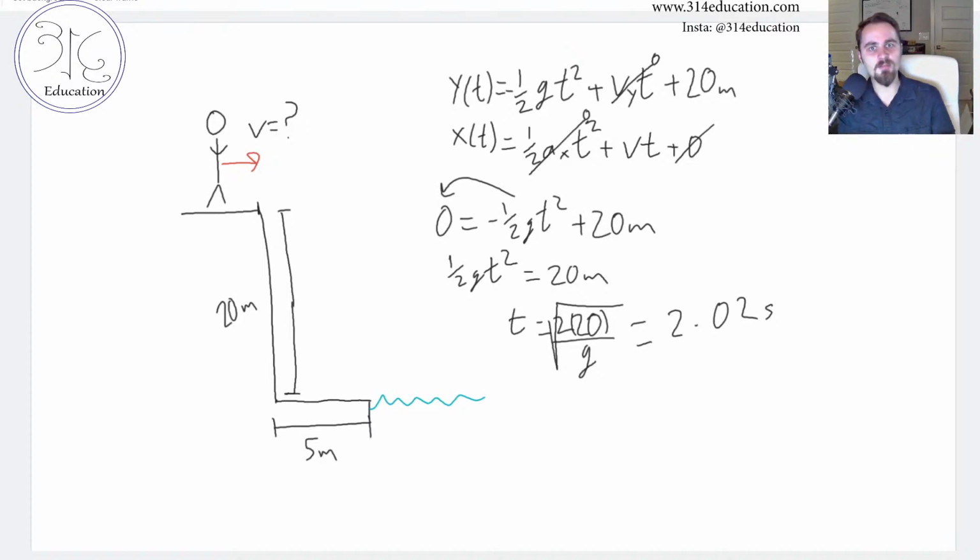Moving to the right would be positive, and moving to the left would be negative. We expressed our height as a positive value, so that's an upwards height. And so moving downwards, acceleration due to gravity, we treat as a negative. That's why we brought this negative here.